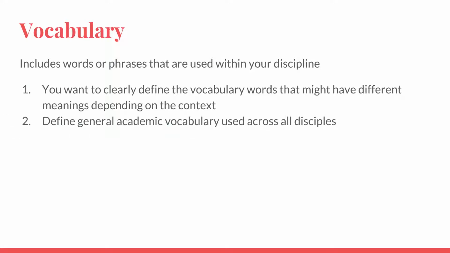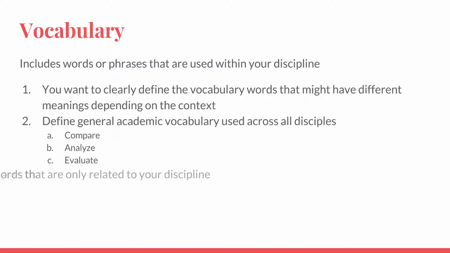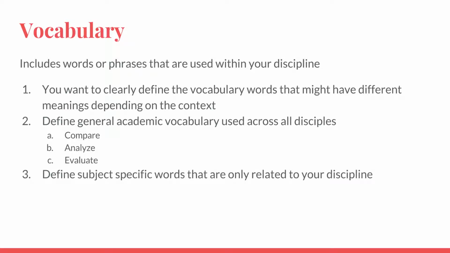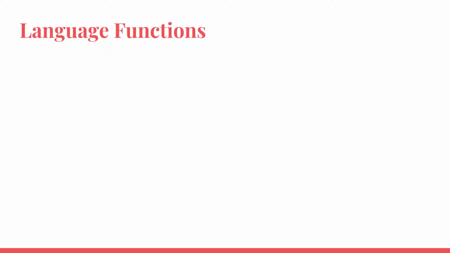You also want to define general academic vocabulary used across the disciplines. So some great examples are to compare, analyze, evaluate. Those are not just specific to math, but might be said in a math classroom, so it's good to define them. And then you want to define subject-specific words that are only related to your discipline. So that's multiplication or subtraction too.